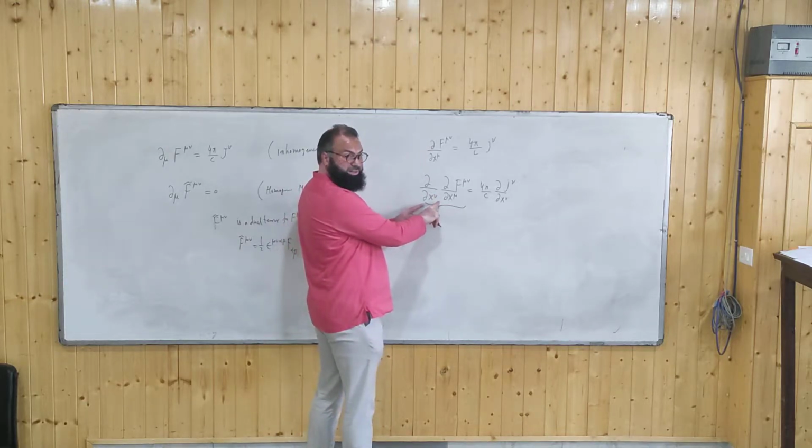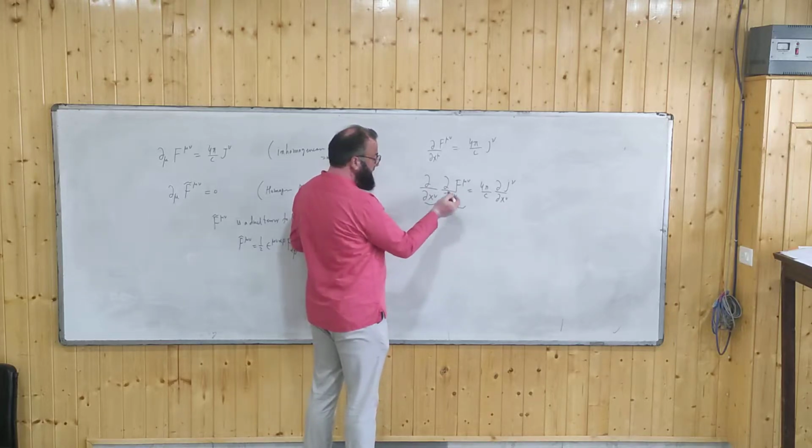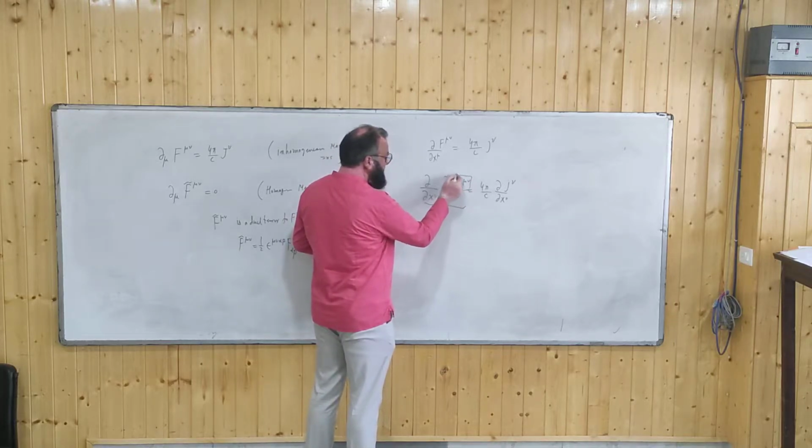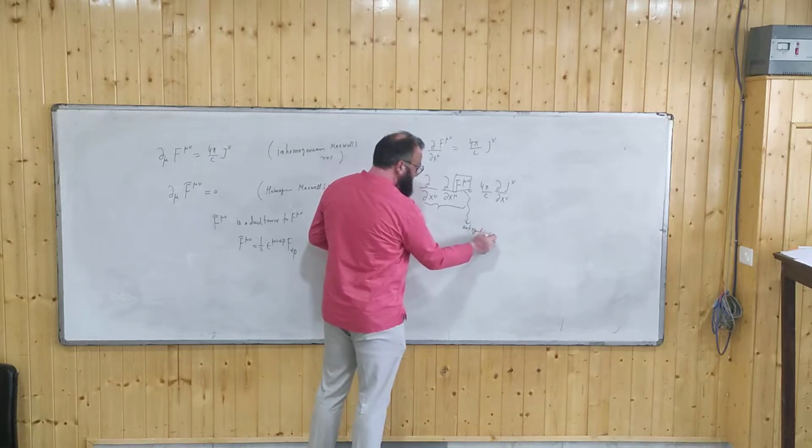This is a double derivative, is it? Now you are having index nu and mu here, and you are having index mu and nu here. This very object is antisymmetric in mu and nu.